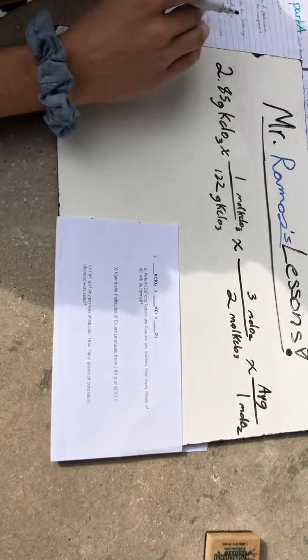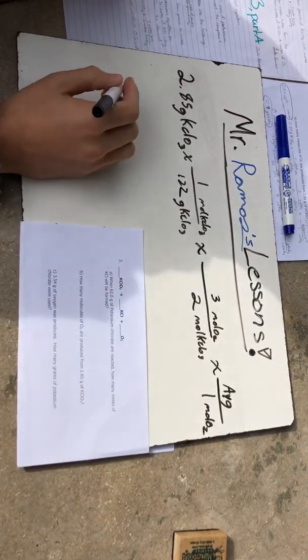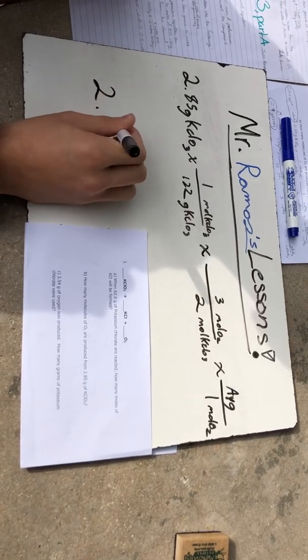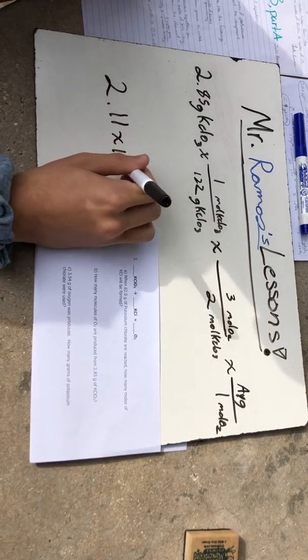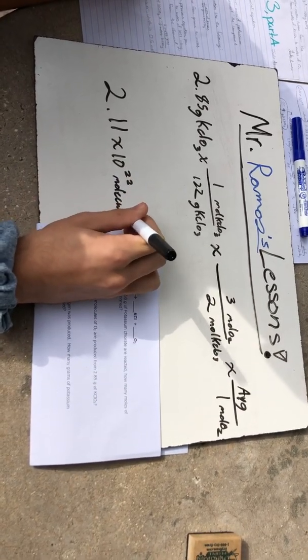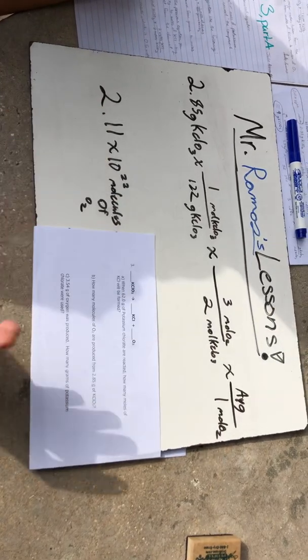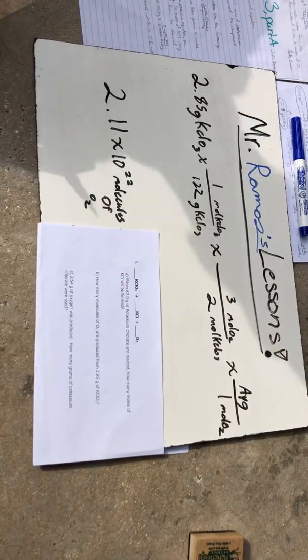And once we plug all of this, our big equation, into the scientific calculator, we will get the answer of 2.11 times 10 to the 22nd molecules of O2. And there's our answer for part B. Almost there, guys.